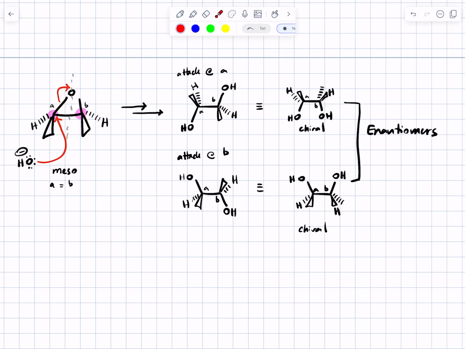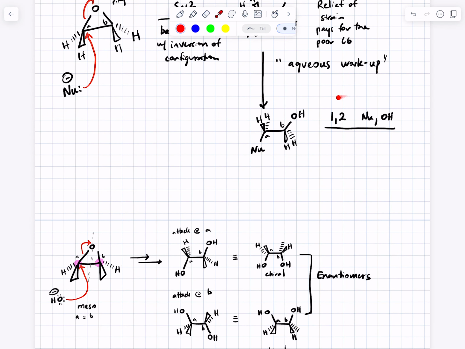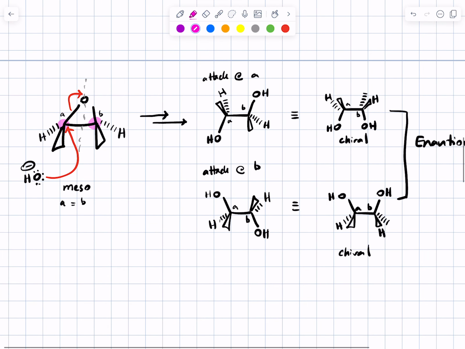I want to point out, remember how I said that with epoxides, when you open them up, you have this 1-2 substitution pattern with your nucleophile and your OH group. What we've just done here has been to use the OH minus hydroxide as your nucleophile. Of course, the leaving group of the epoxide ends up, after aqueous workup, being an OH group as well.